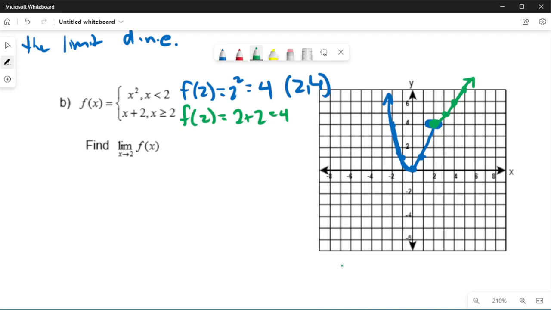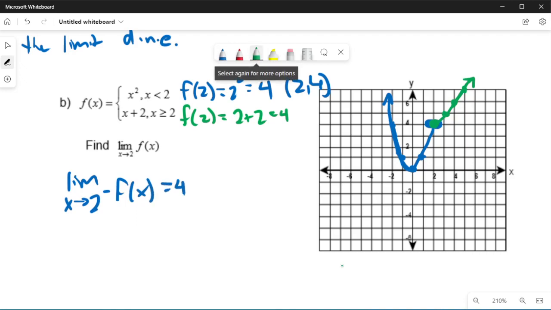Okay? Now in this situation, you notice that the two sides of the function both exist and both approach 4. So if I say limit as x approaches 2 from the left of f of x, I must conclude that answer is 4 because I can plug it into x squared and that's what I get.